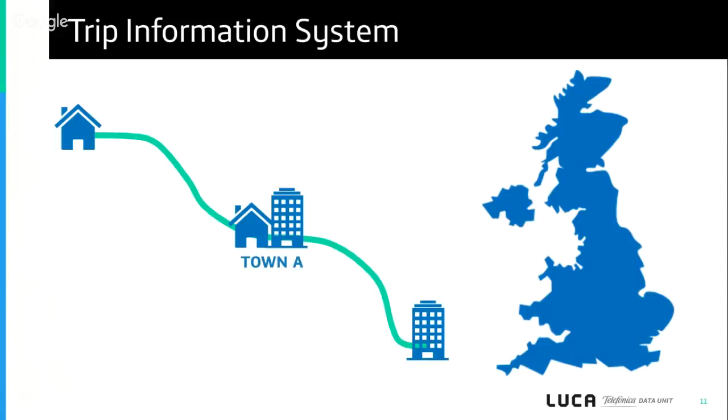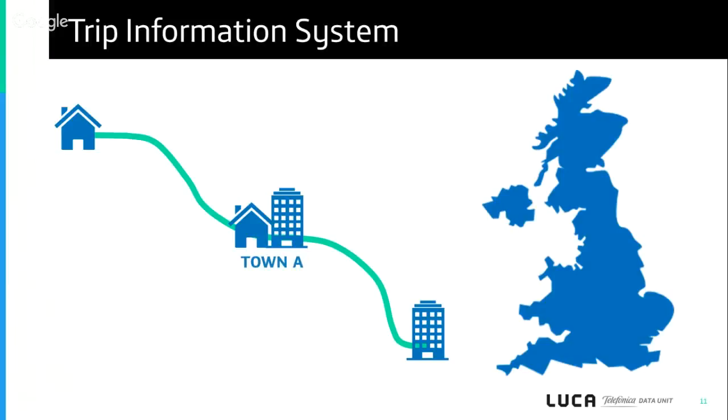For example, we've got an example town in the UK, town A. Every morning and every evening, the main road through this town is absolutely packed, and you're considering fixing it. If you have the origin destination information, you can see if people are locals traveling within their town, just trying to get a little bit across town from their home to their work, or if they're travelers passing through.